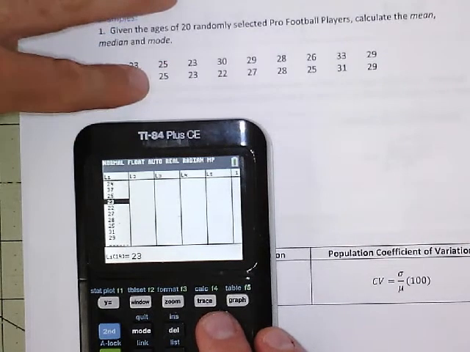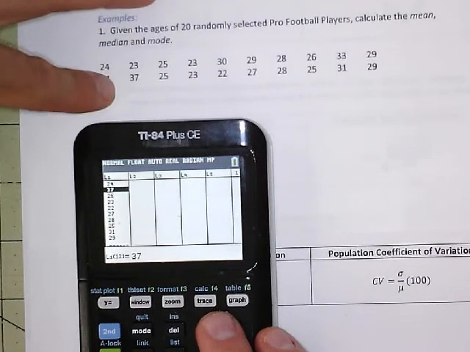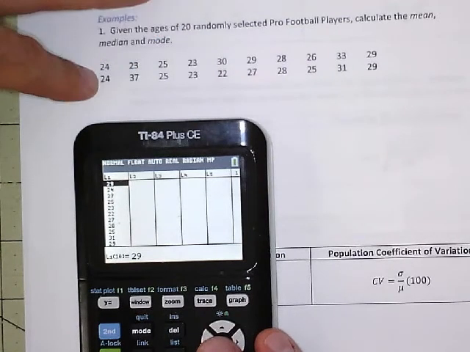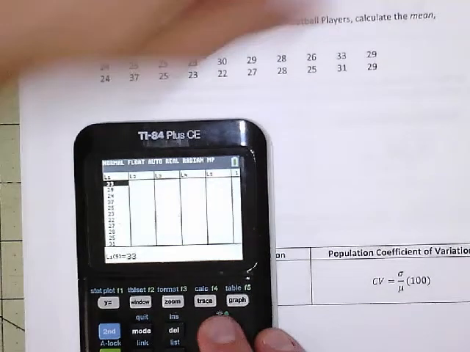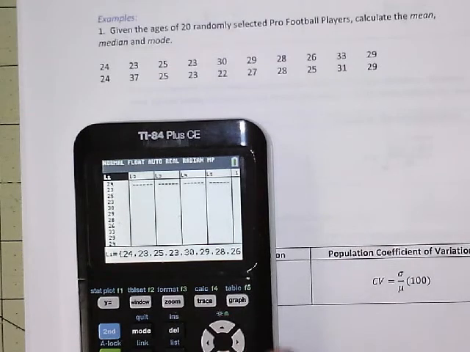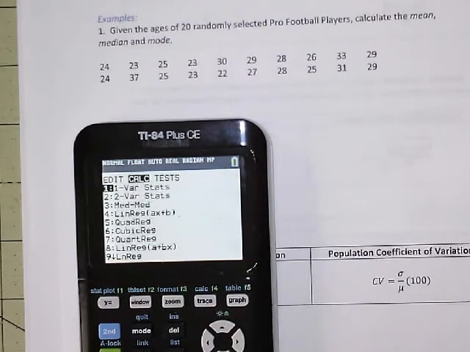I like to double check my list. Make sure everything's typed in right. 37, 24, 29. Okay, good, we're all set.